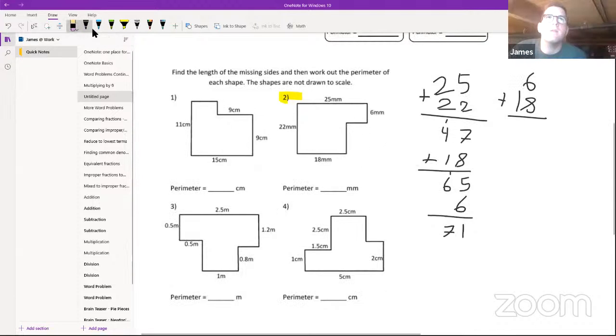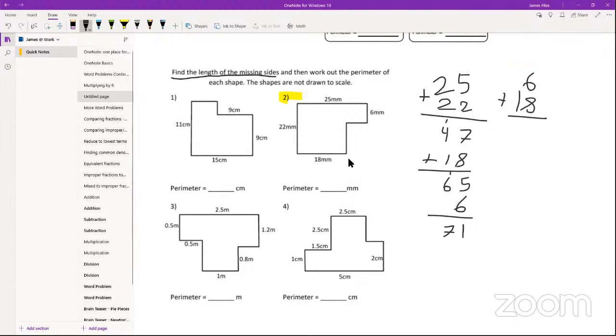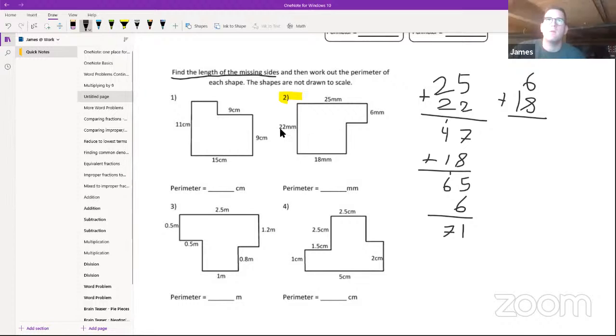So the first step in this problem is to find the length of the missing sides. So when we're looking at these sides, we want to line up based on the ones that are lined up the same way. So if we look at all the sides that are going straight up and down, we have the 22 and we have the 6, and then we have this one where we don't know how long it is.